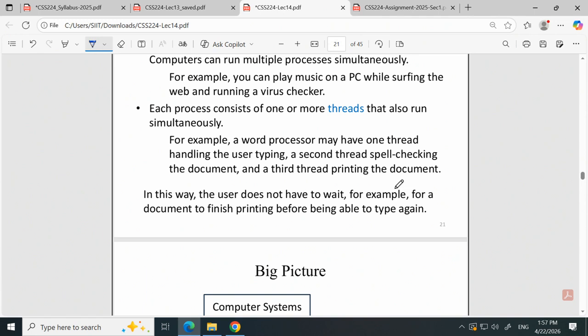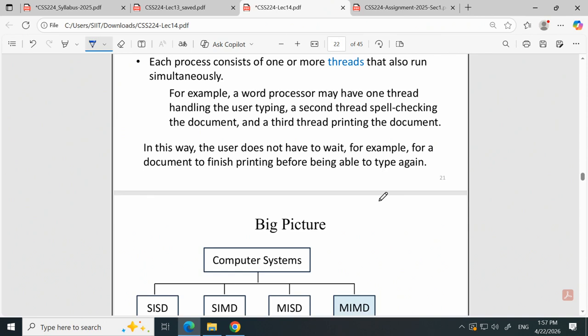You can see that there are so many threads. If you're running many programs, many processes, the operating system will control all the processes, all the threads for you, running all of them together. Okay, we stop here for a while.